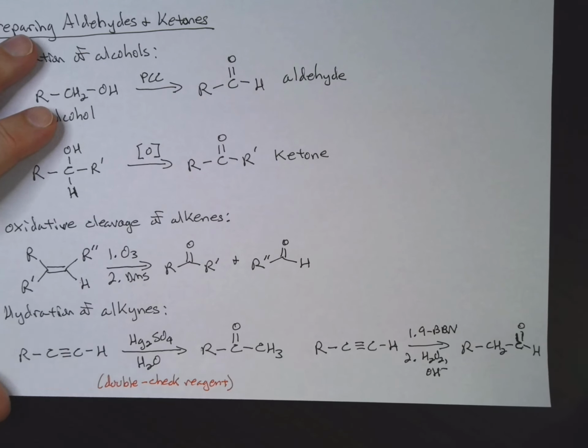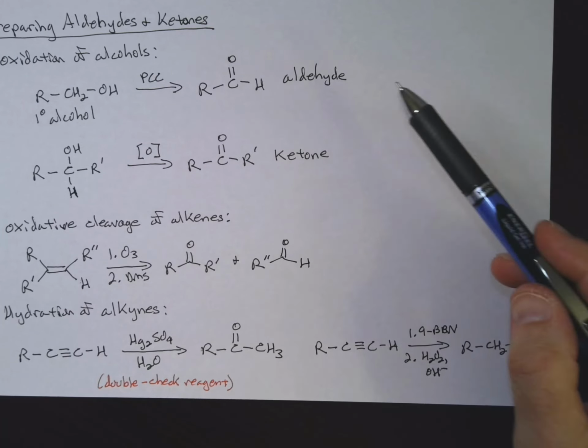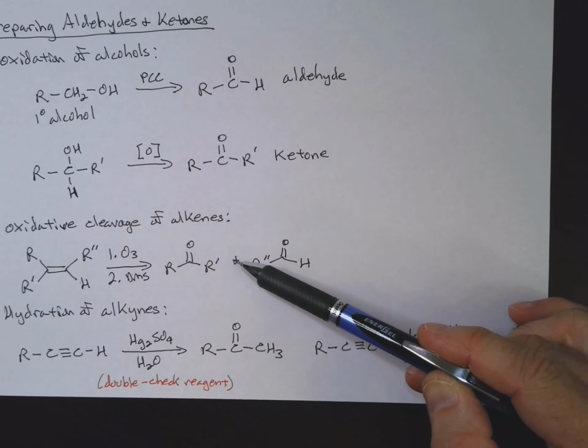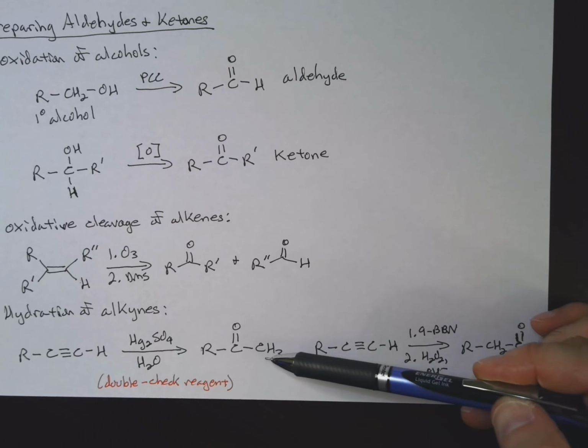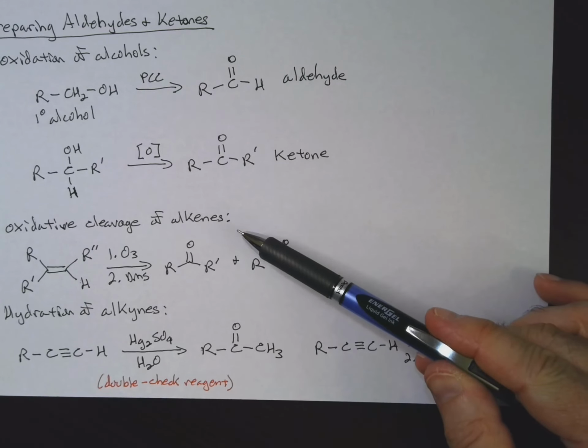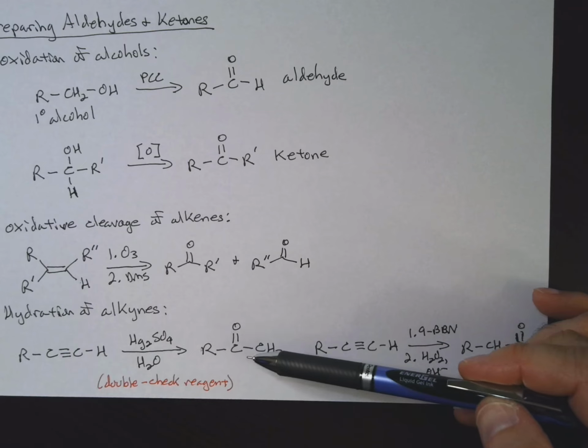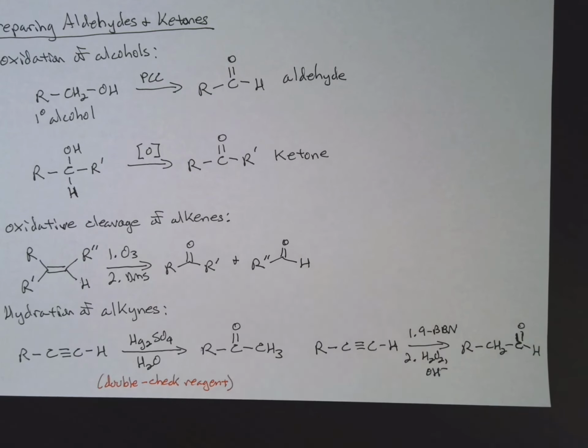All right. Let me think if there were other ways that we've seen of making aldehydes and ketones. We've got oxidation of alcohols, oxidative cleavage of alkenes, hydration of alkynes. I think that's all that we've seen so far.